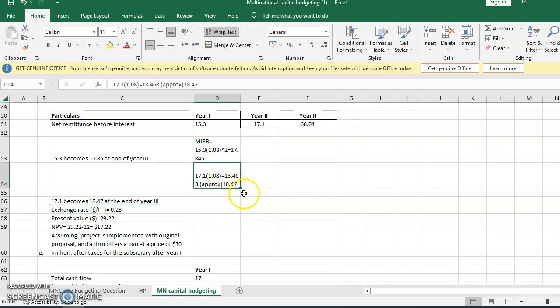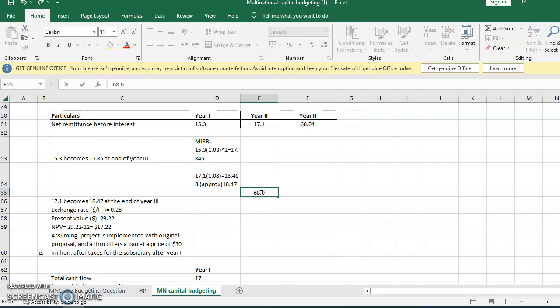I think I have to write it here for your understanding. Let me put this across. Like I said, 68.04 plus 18.47 plus 17.85. So what is this equal to?